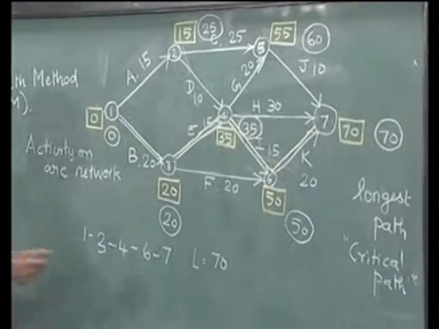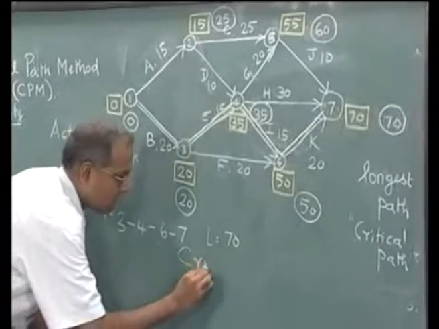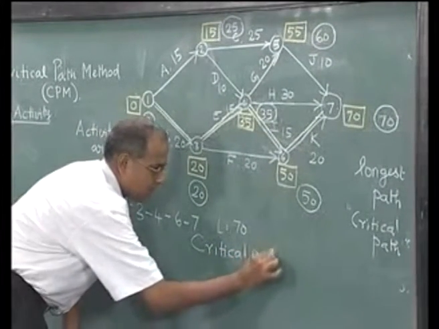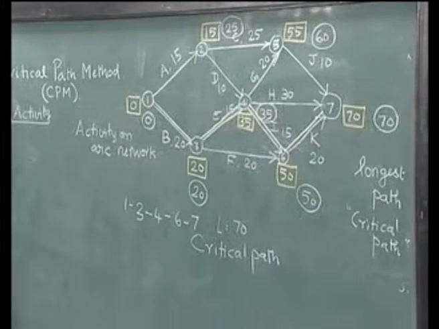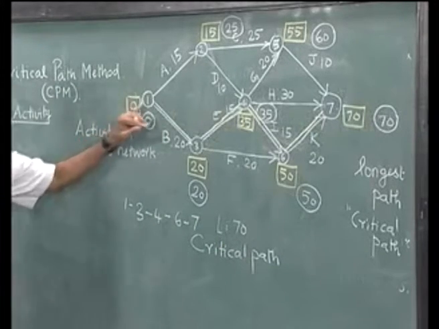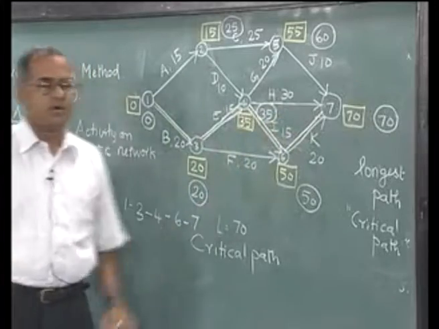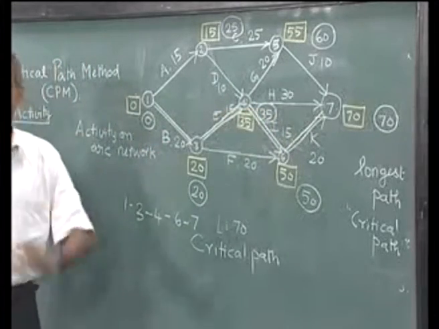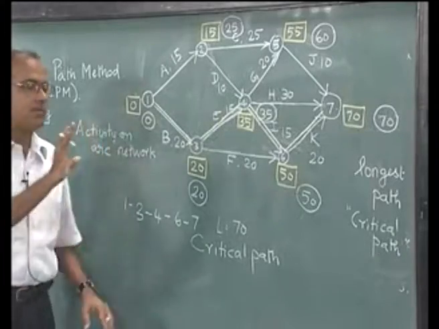It is the longest path, and it is also called the critical path of this network. So, the critical path is the path that goes from the first node to the last node, such that all the vertices in the critical path have both labels equal.